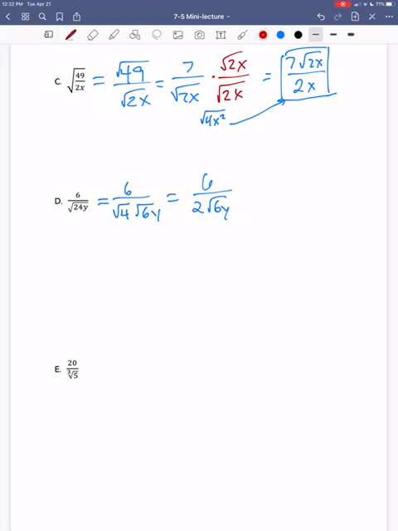And now I can cancel. 2 goes into itself once, 2 goes into 6 3 times. Remember, I can't cancel anything inside a root with anything outside a root. So I couldn't cancel these 6's. That wouldn't be allowed. But I can cancel the outside 2 with the outside 6. And now I'll just clean this up.